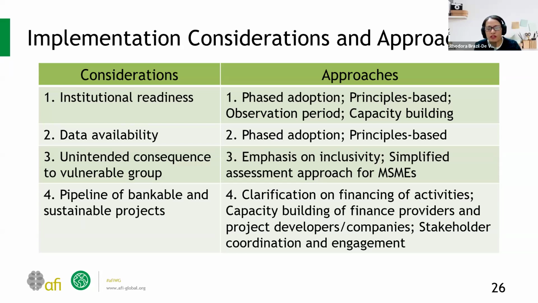At the time when we were developing the taxonomy, the large banks were already waiting for the finalization of the taxonomy. But for the small banks, which are very critical for serving the small and medium enterprises, they are still grappling, or they are still in the awareness stage.